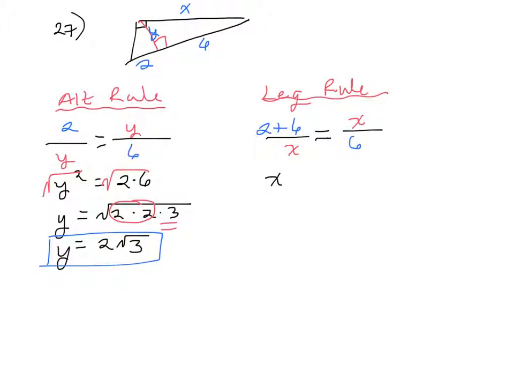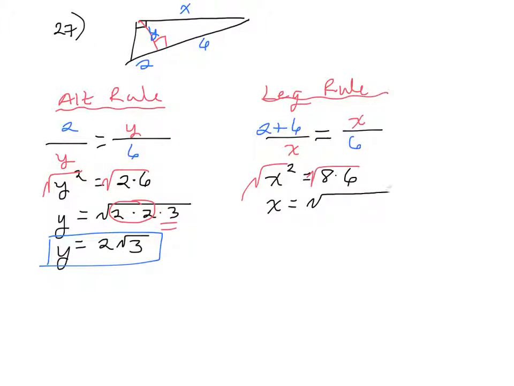X times x is x squared. And then what does 2 plus 6 give you? 8. And then we're going to do 8 times 6. Again, I'm leaving it unmultiplied because I'm going to tear it apart. Then we're going to take the square root of both sides. Square root of x squared is x.